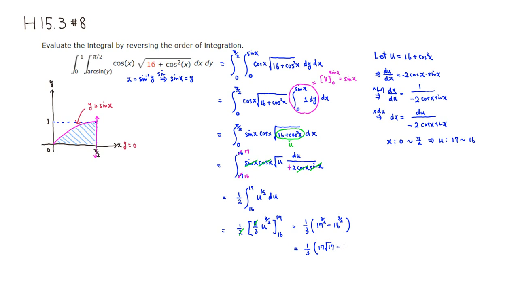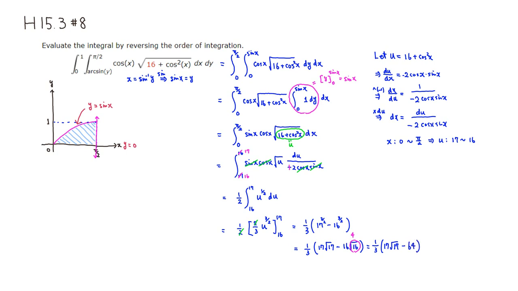Minus, this is the same thing as 16 times square root of 16. But the square root of 16 is 4, right? So we end up getting, can't really do much with the first guy, so it's 17 square root of 17 minus 4 times 16, so 64, right?